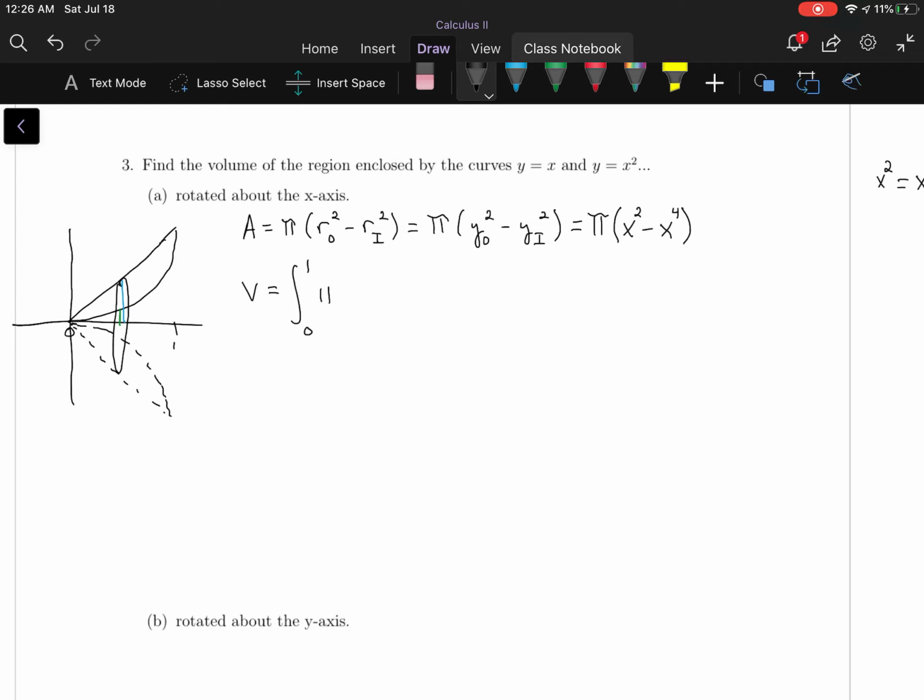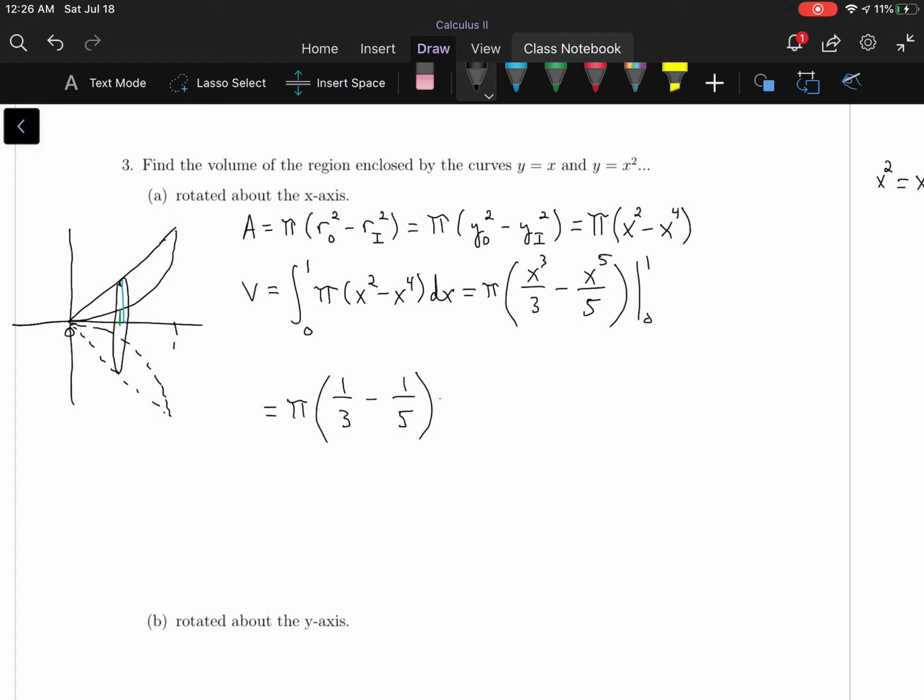Now, substituting the area function in, we've got pi times the integral of x squared minus x to the fourth. And integrating this, we get pi times x cubed over 3 minus x to the fifth over 5. Evaluate from 0 to 1, which is going to give us pi times 1/3 minus 1/5.